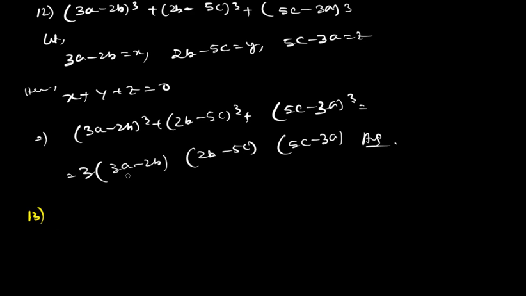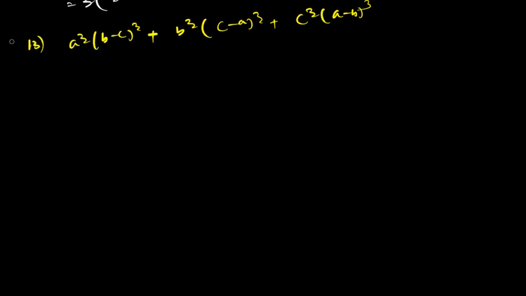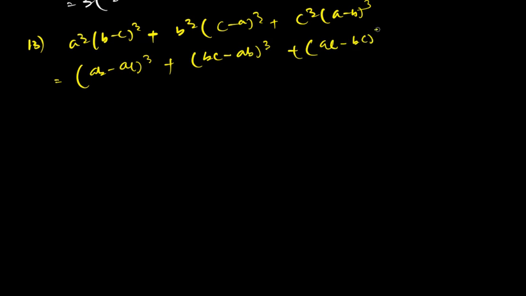13th one: a cube times b minus c whole cube, b cube times c minus a whole cube, c cube times a minus b whole cube. Okay, so we can actually write it as ab minus ac whole cube, bc minus ab whole cube, ac minus bc whole cube, with a cube plus b cube plus c cube.